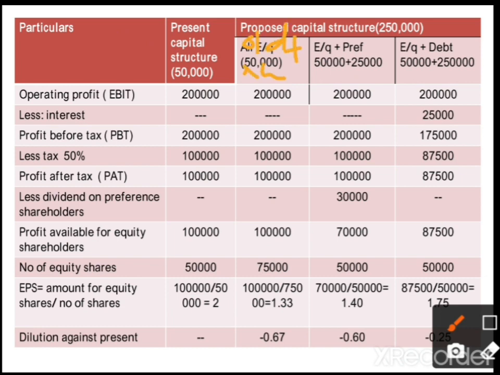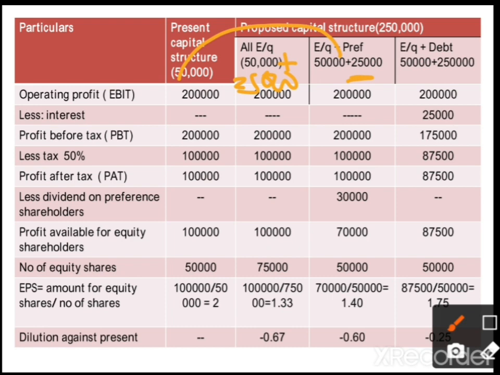Old is 50,000 and new is again 25,000. Sorry, I have not written it here, you have to write it here, 25,000. Is it clear? 50,000 is old plus the new 25,000. Next, in the second plan equity shares are 50,000 but preference shares are 25,000. First you have to write it, it is very important.